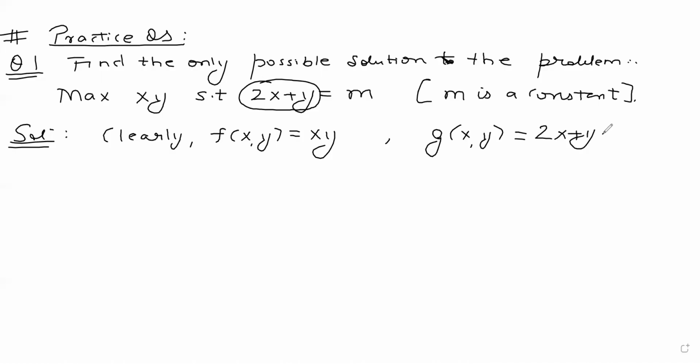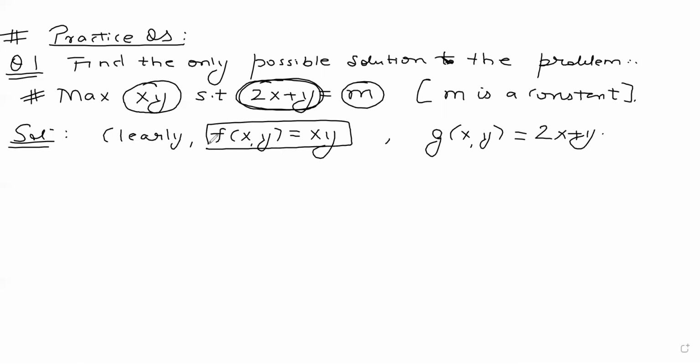If you compare the problem given to us in the question with the general optimization problem, maximize f of x, y subject to g of x, y equal to c, clearly you can see f of x, y is x into y, g of x, y is 2x plus y.